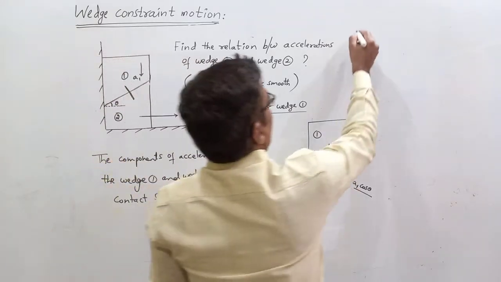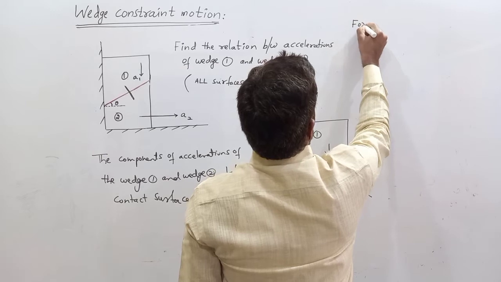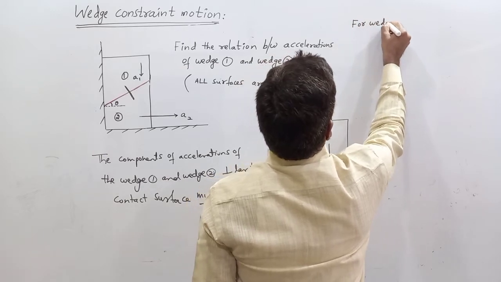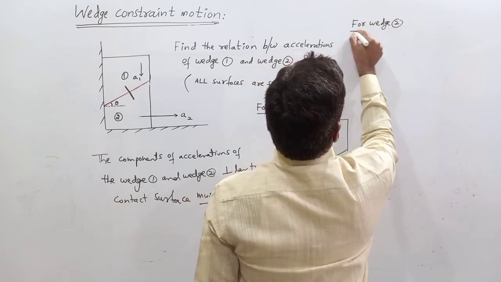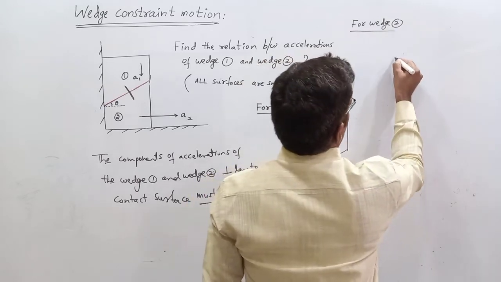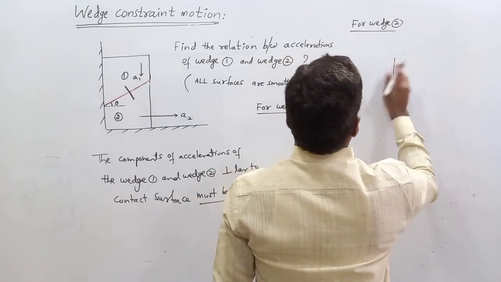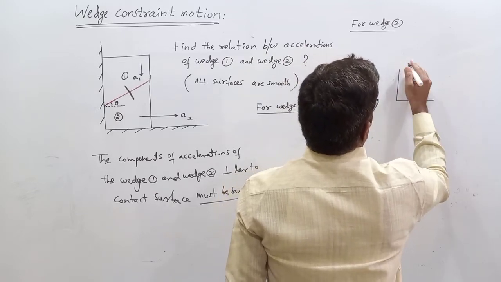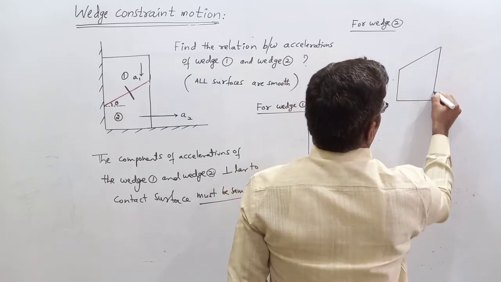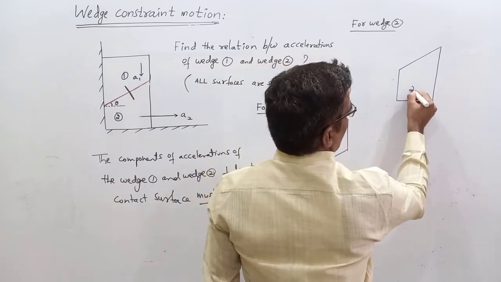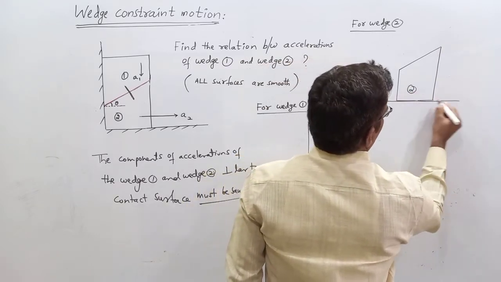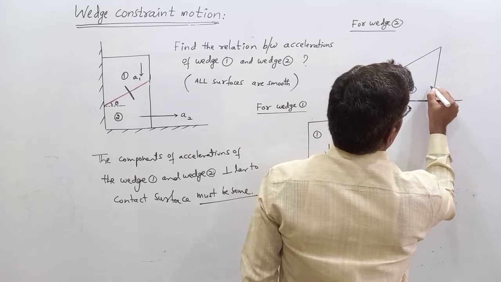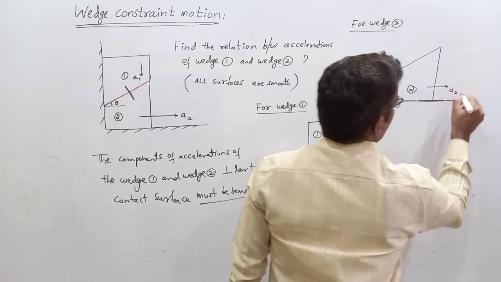Then for wedge 2, wedge 2 moves horizontally towards the right with acceleration A2.